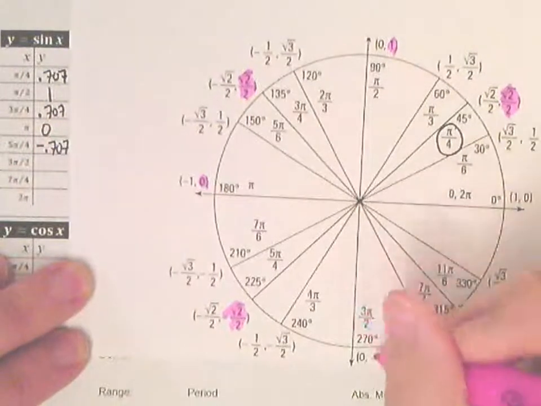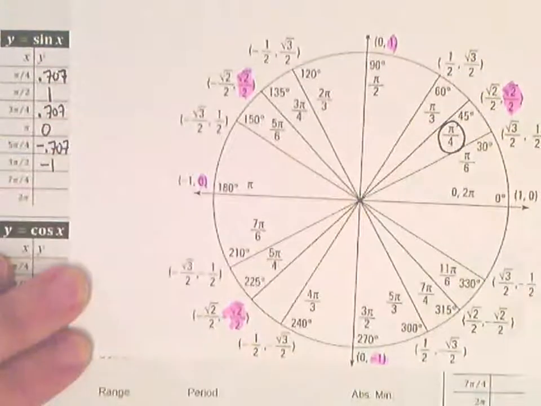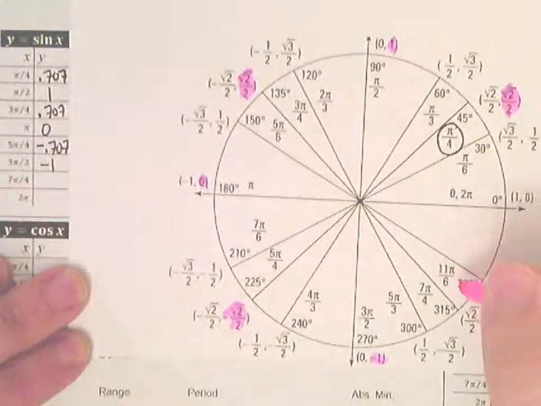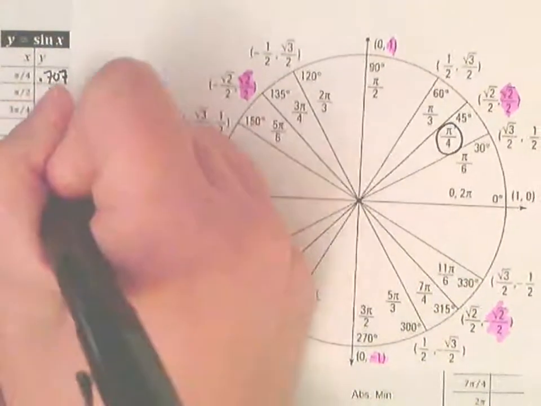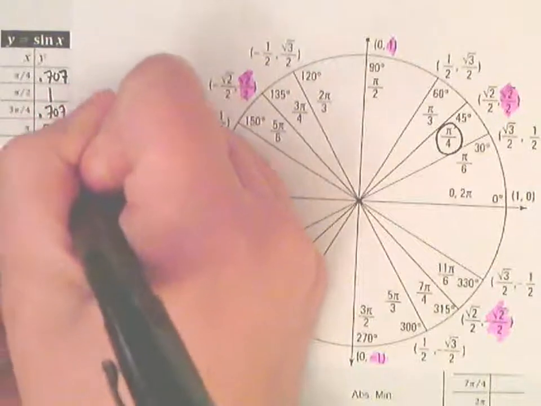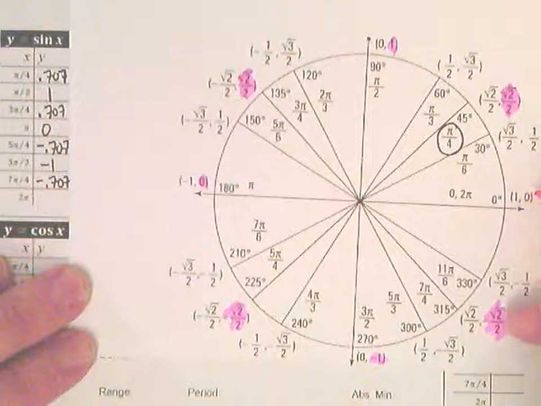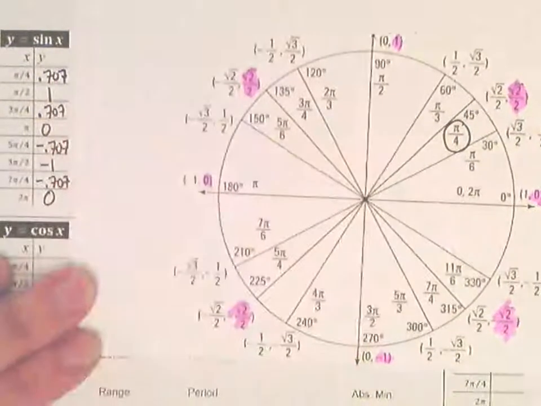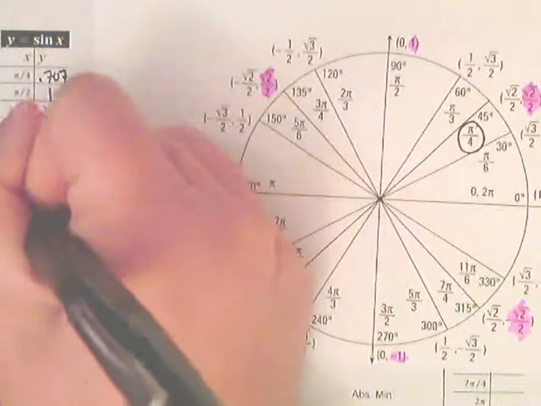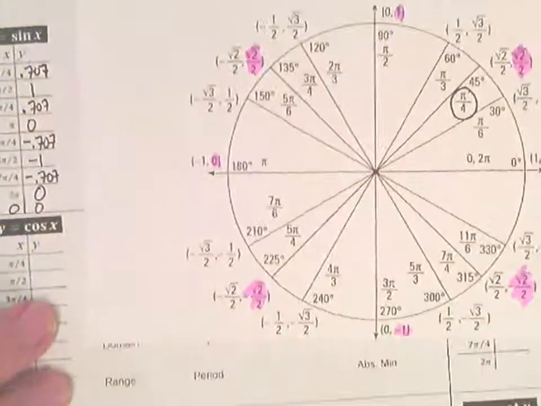Sine of 3 pi over 2 is going to be negative 1. And then sine of 7 pi over 4 is negative square root of 2 over 2, so negative 0.707. And then sine of 2 pi is going to be 0. And of course, when x is 0, this is also going to be 0.